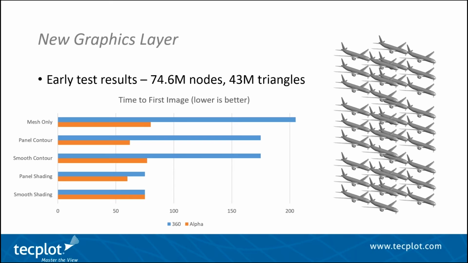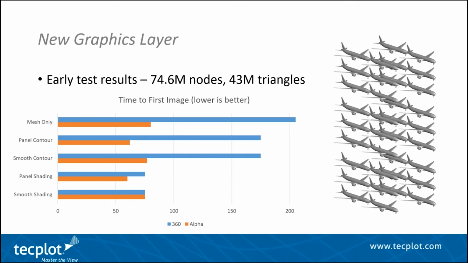In this new test bed set of code that we're working on, we are working on more efficiently delivering data to the graphics card. That's one of the biggest things we're doing here for time to first image.